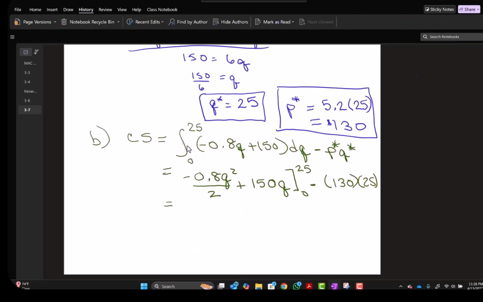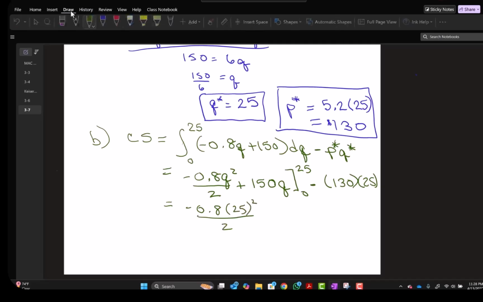minus 130 times 25. Negative 0.8 times 25 squared divided by 2. I can simplify this to negative 0.4 times 25 squared plus 150 times 25.